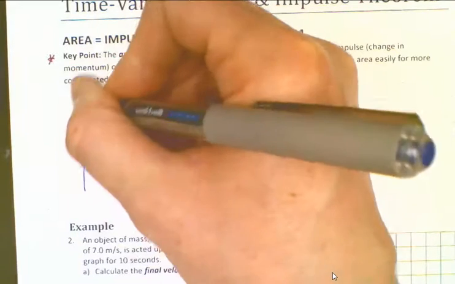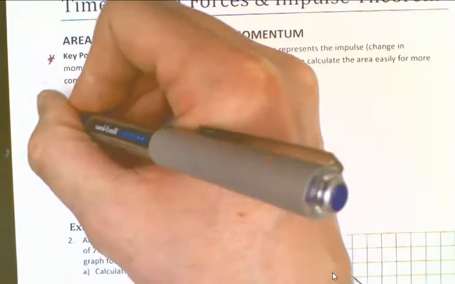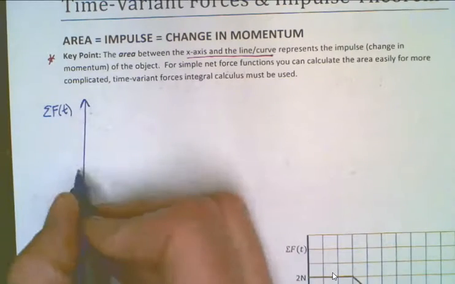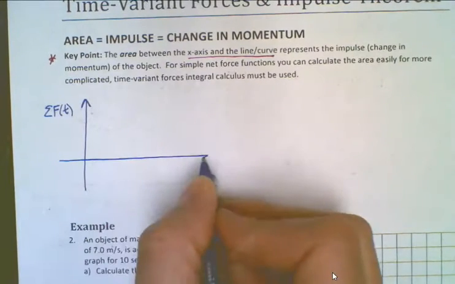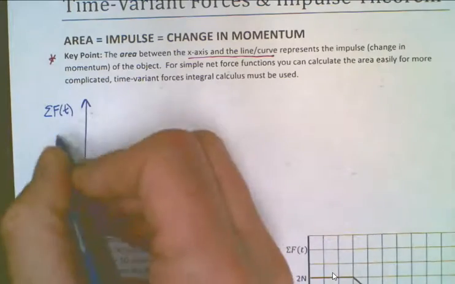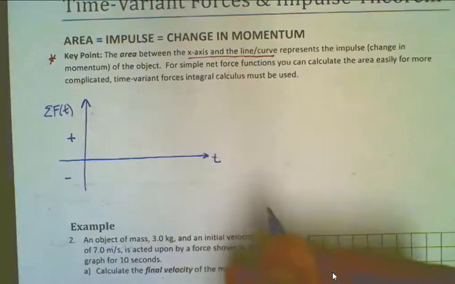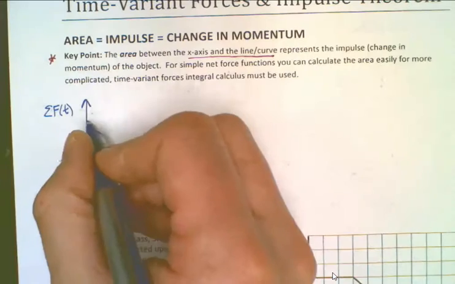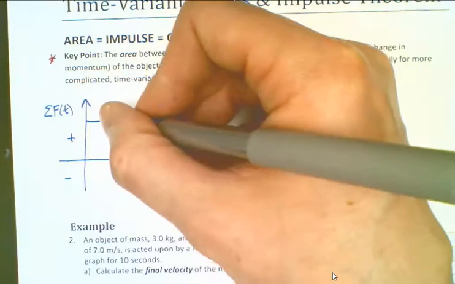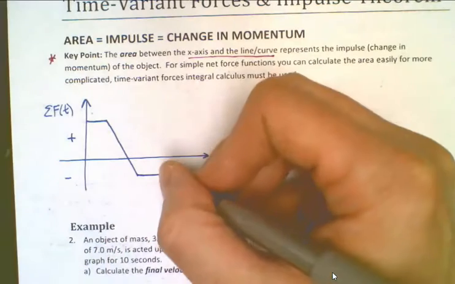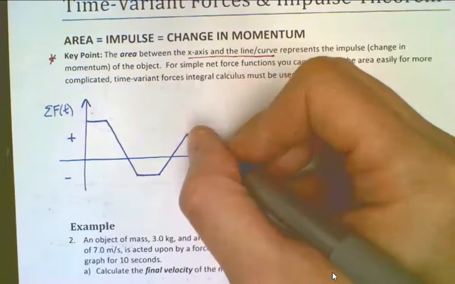So, for example, if I had a time-variant average net force as a function of time, it could be positive or negative. Let's say it looks like this and then dips down, comes across, goes up, and across like this.